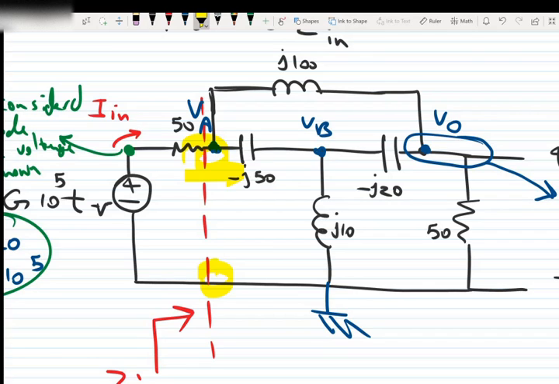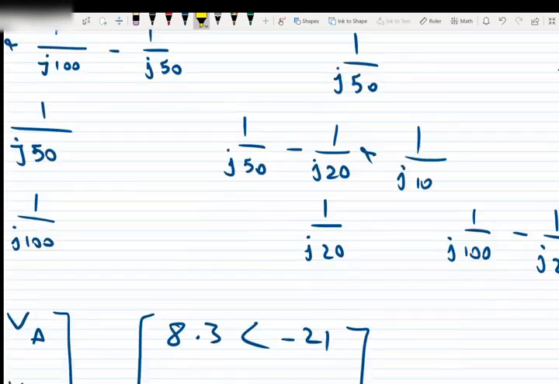It is Vs minus Va over 50, which is I in. So we need to just divide VA by I in. Okay, so let's do that.